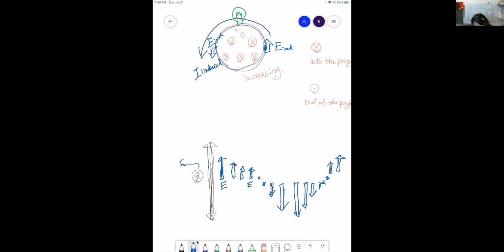So this is at a certain time in space that this charge is going up and down. At the same time, perpendicular to the electric field, magnetic field is produced. Something like this.